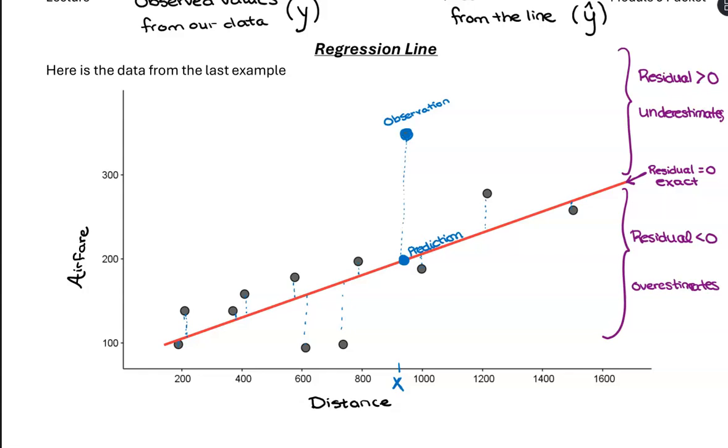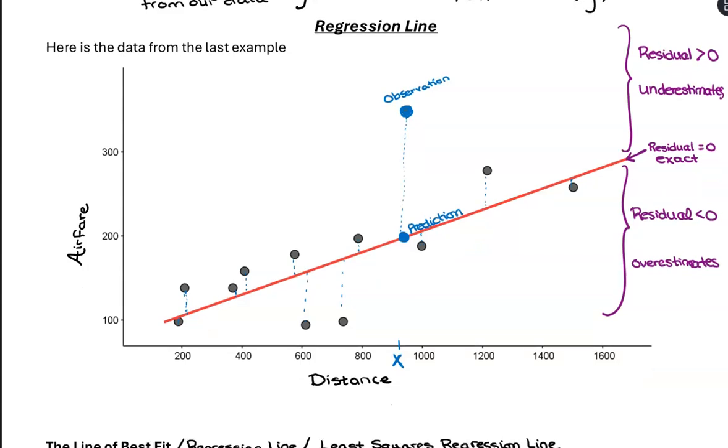So part of the process here is we're going to calculate residuals. We're going to get a value out, and then we're going to want to interpret it as an underestimate, exact estimate, or an overestimate. So we'll talk about those pieces, but visually, I hope this helps to see where residuals are positive, 0, and negative.